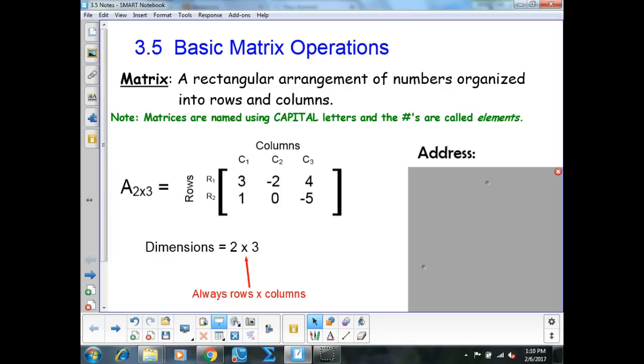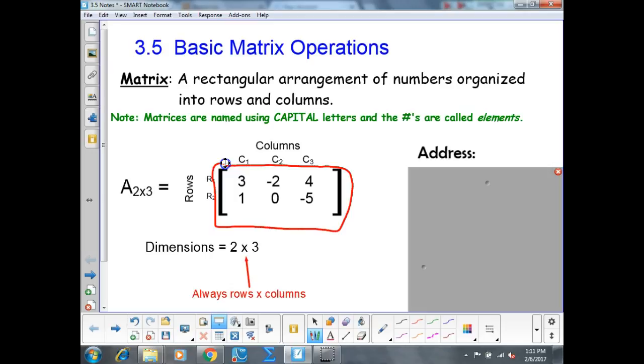Okay? If there's 2 columns in the first row, then there's got to be 2 columns for every row below that. Okay? So, rectangular in that manner. Okay? We name matrices using capital letters. Okay? So, this right here is matrix A.